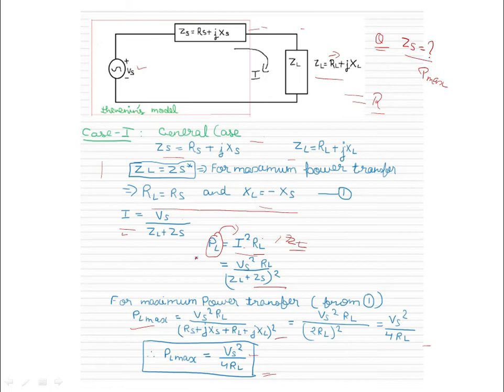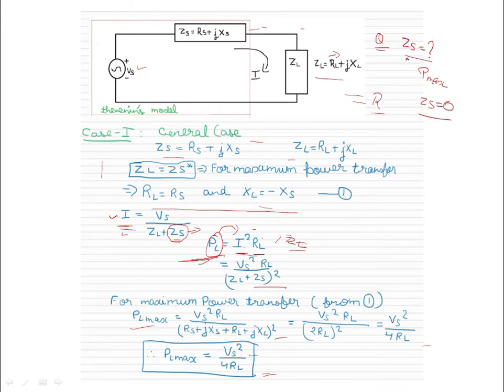As you can see, for maximum power transfer I should be maximum, and I is Vs upon ZL plus ZS. So the value of ZS for which I is maximum would be ZS equal to 0. At this value, I would be maximum and therefore I square would be maximum. So the power transferred would be maximum.